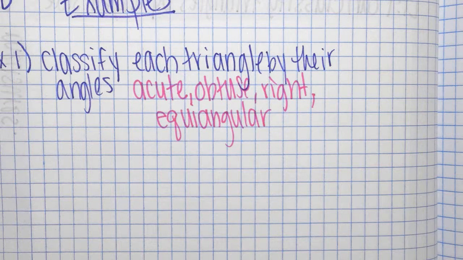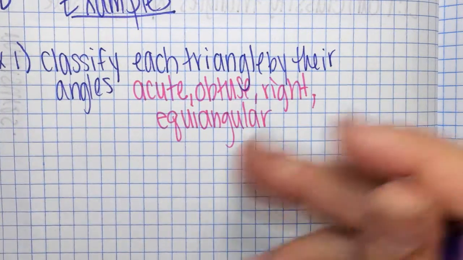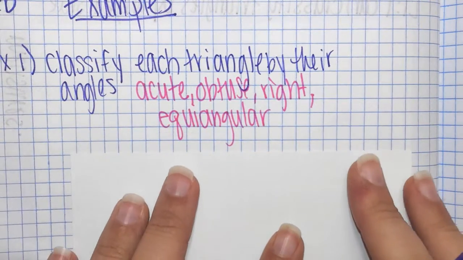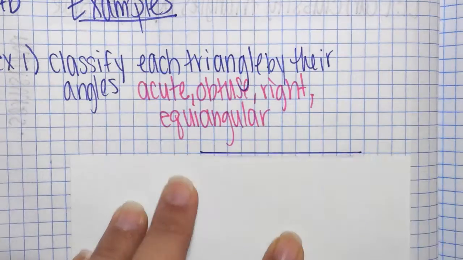I forgot to make my examples this morning, so we're just going to practice doing it. Alright, so I want you to use your straight edge, because we're drawing triangles and I want it to be perfect. And I want you to draw this line.